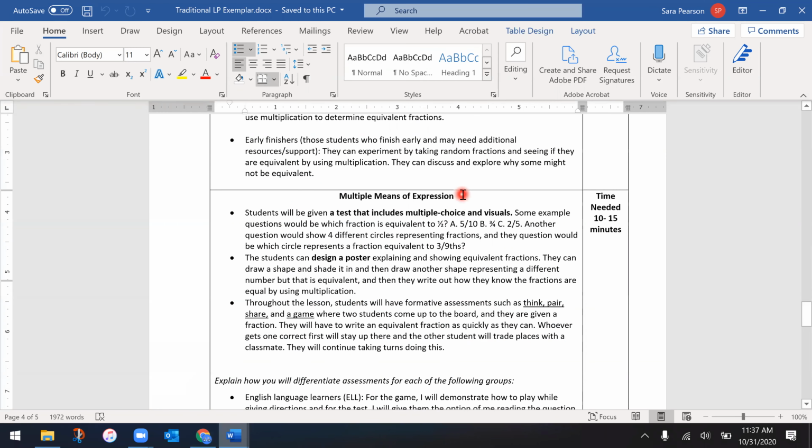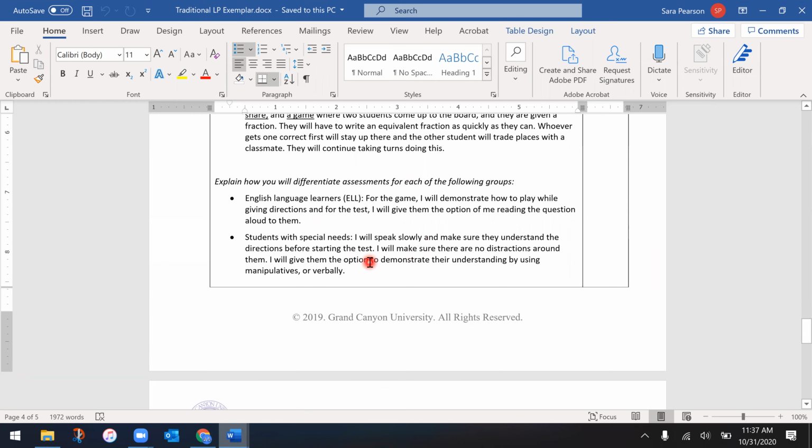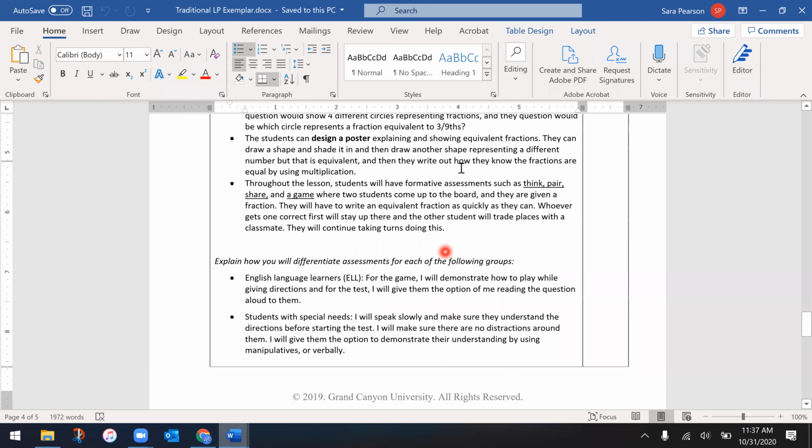So you'll want to include formative and summative assessment ideas, and you'll tell me step by step what you'll do. You'll want to identify how English language learners, special needs, gifted, all of them will be challenged or supported in these assessments and those questions that you can use for formative assessment.